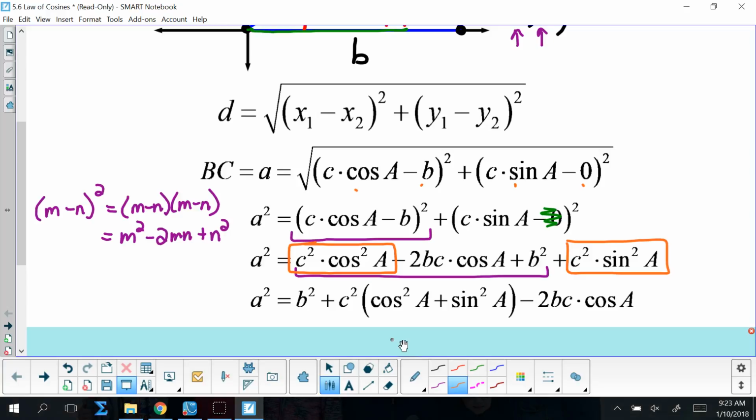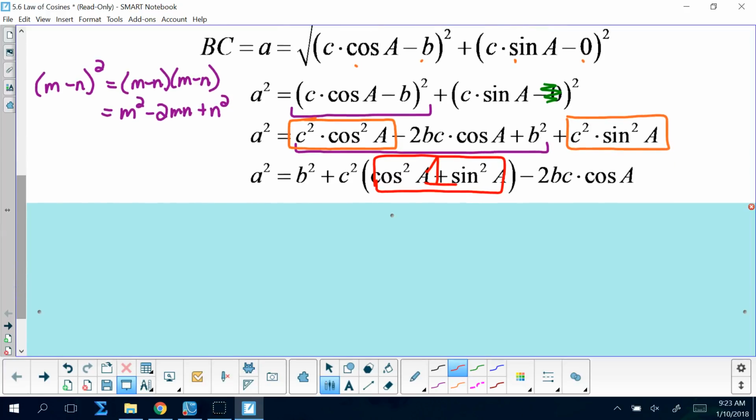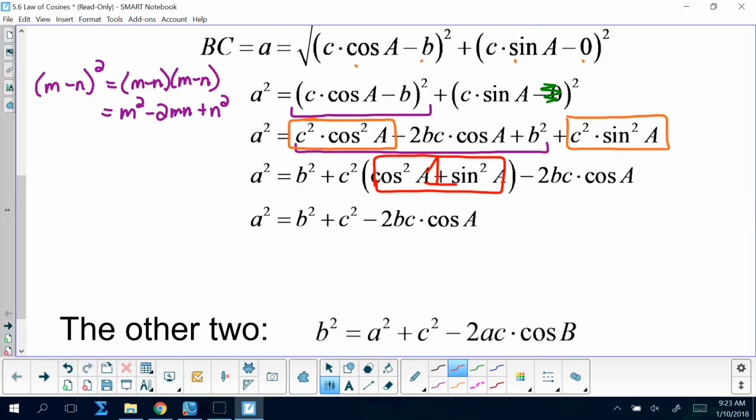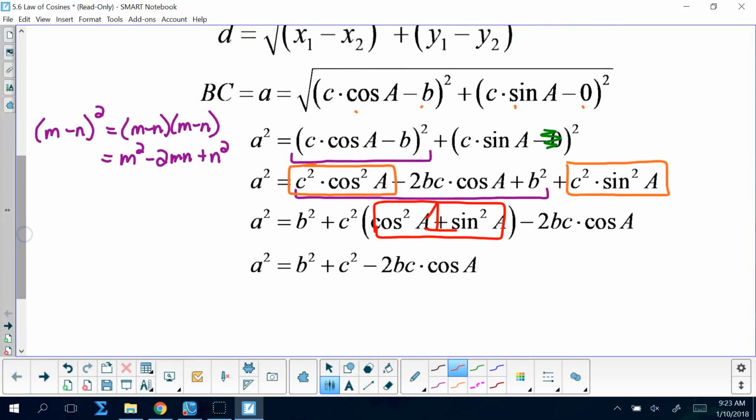That's the hammer: cosine squared plus sine squared. So this part right here is 1, which leaves me with something called the law of cosines. The law of cosines is a squared equals b squared plus c squared minus 2bc cosine of A.